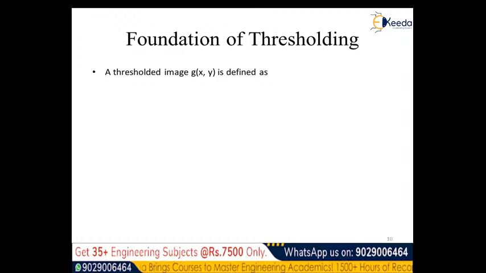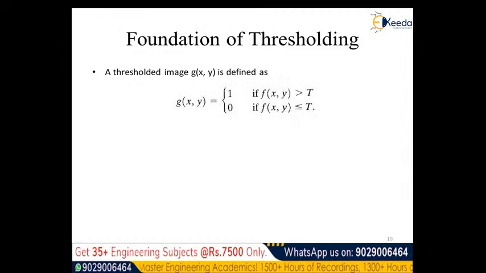We define g of x, y to take the value 1 if f of x, y, the pixel intensity, is greater than the threshold capital T. Otherwise, if f of x, y is less than or equal to capital T, it will be equal to 0.